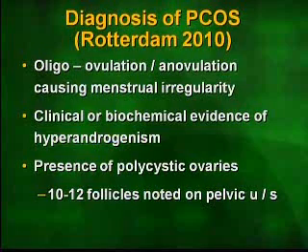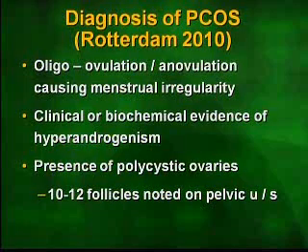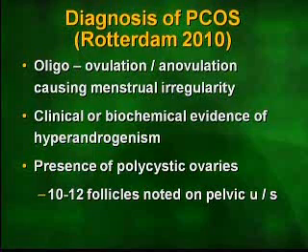There were some other national organizations that met with this group, and they wanted to include some additional information in the diagnosis, and this was to exclude other types of conditions that may present with the same type symptoms but are not PCOS, and that would be congenital adrenal hyperplasia, androgen-secreting tumors, or possibly Cushing's syndrome.